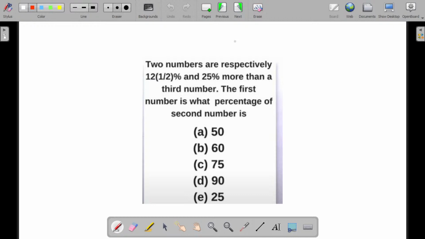Two numbers are respectively 12 and 1 by 2 percent and 25 percent more than a third number. The first number is what percentage of the second number?